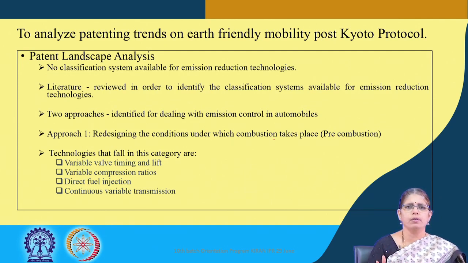Now, even within the sector, one needs to look specifically at subsectors. So, there are different approaches. Let us say approach 1 is to look at redesigning the conditions under which combustion takes place. That is, one is looking at pre-combustion.